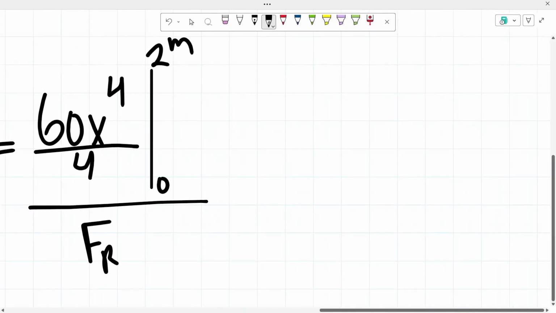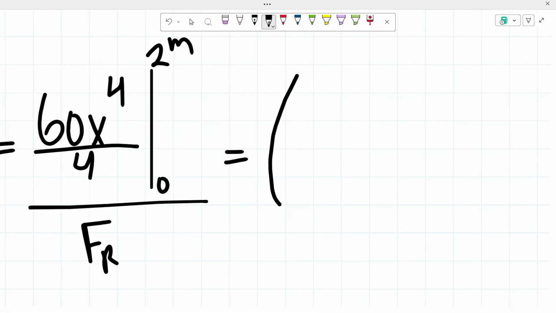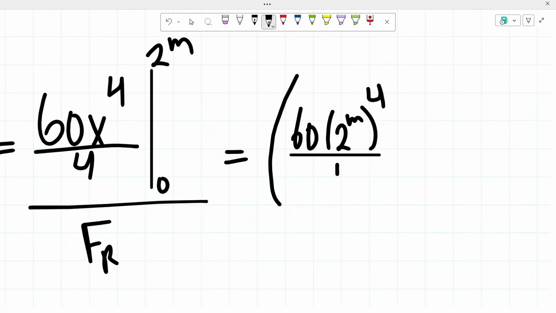If you solve for this, you would end up getting 60 times 2 meters to the fourth over 4. And we just know that the second part is going to be equal to 0, so I'm just going to write 0.